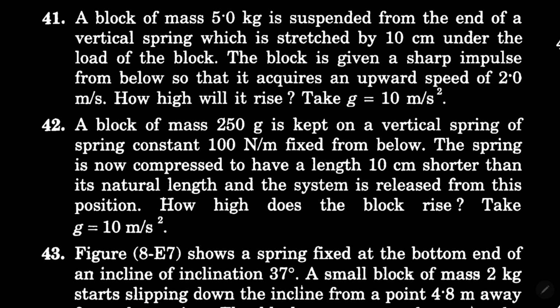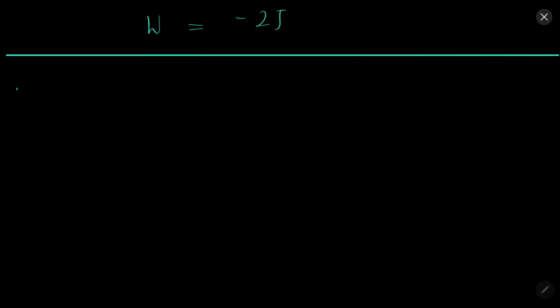In question 41, we have a block of mass 5 kg suspended from a vertical spring. The block is given a sharp impulse. How high will it rise? Solution 41. So kx equals mg in the spring. So k will be mg over x, that is 5 into 10 over 0.1.